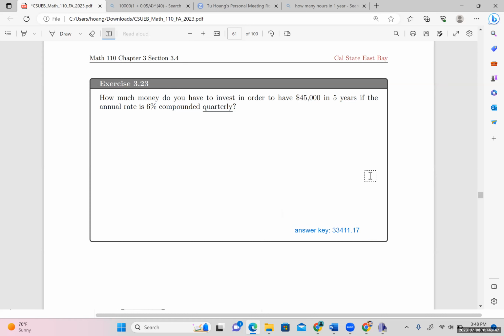And keep in mind that we're still looking for how much money we have to invest, which means we are looking for P, okay? Which means you're looking for P equal to question mark, right?